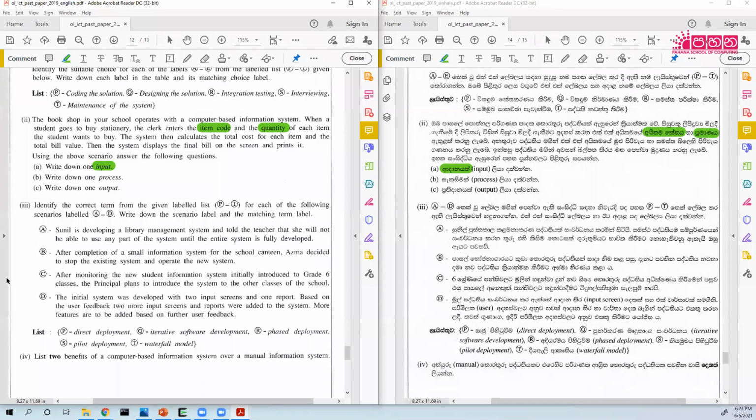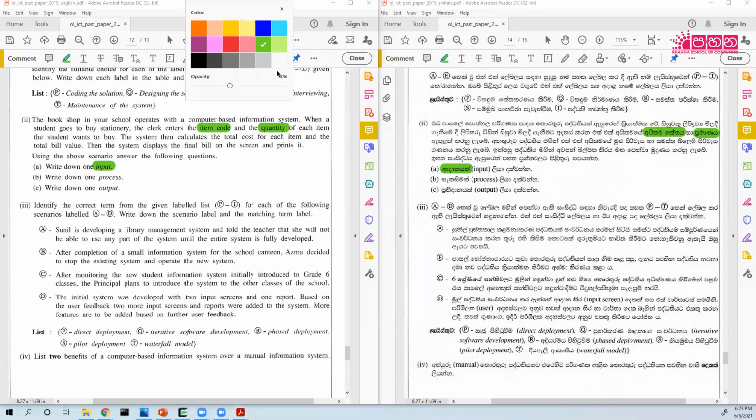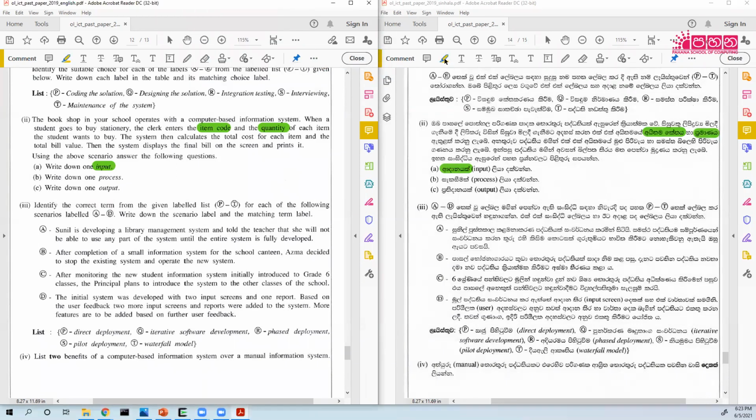Identify the processes. So we need to identify what the processes are. Right? What are the processes here?